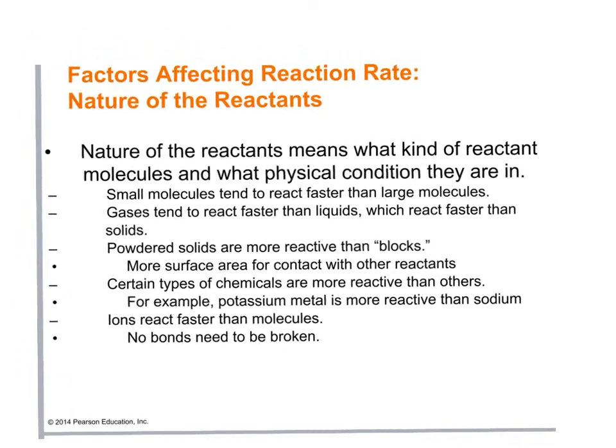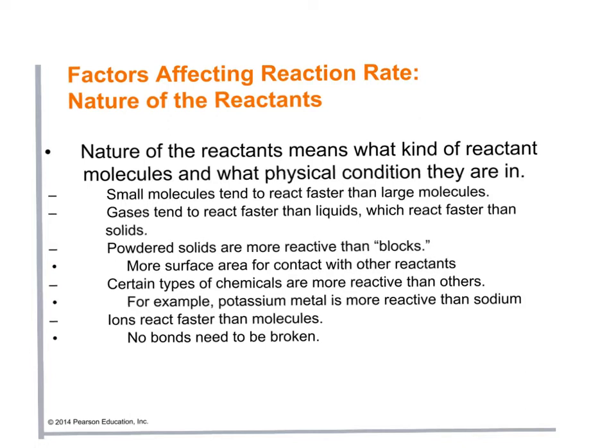So how can the reaction rate be affected, right? And what are the effects? Well, the nature of the reactants is essentially what kind of reactant molecules and what condition are they in. So if you have a small molecule, it can tend to react faster than larger molecules because some of what happens is orientation driven, right?